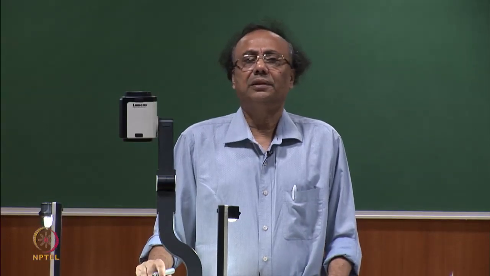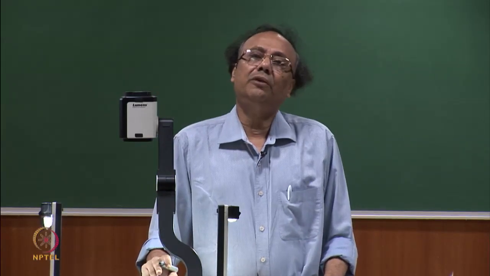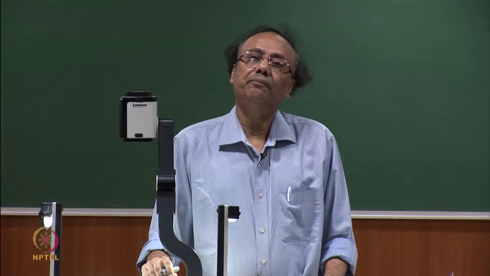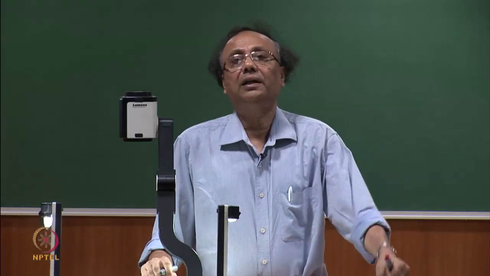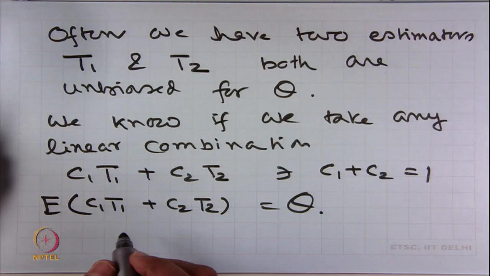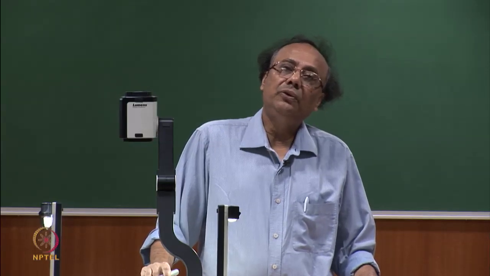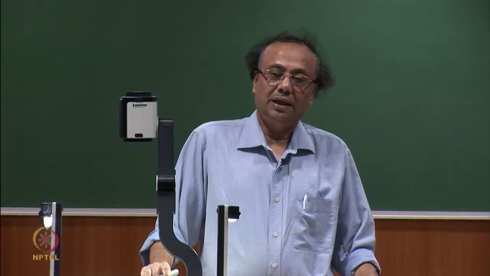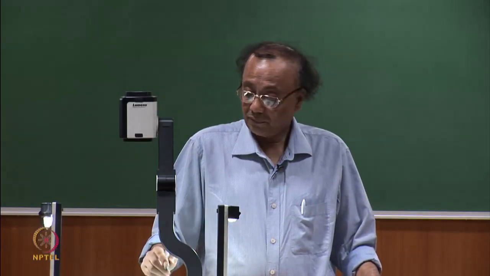The question is, should we try all of them to find out which one among them is most efficient? Or in other words, among all the linear combinations C1 T1 plus C2 T2 such that C1 plus C2 is equal to 1, which one should we take as the most efficient of them?